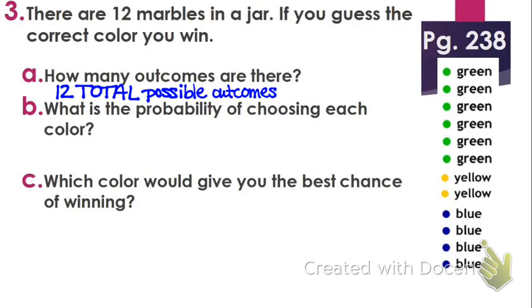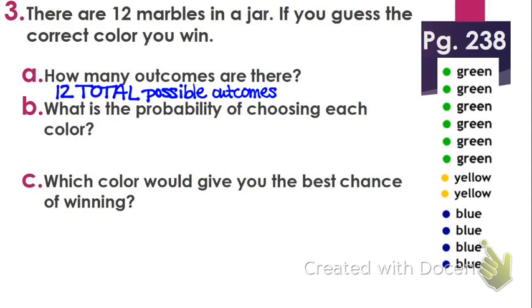After the blindfold goes on, the color flashes behind you. So everybody in the audience knows what color you should be reaching for, but you don't have any idea. You reach into that jar, and all you know is that you feel 12 different round objects. So 12 possible outcomes, because you're going to grab how many of those marbles? You're going to grab one of those out of the 12.